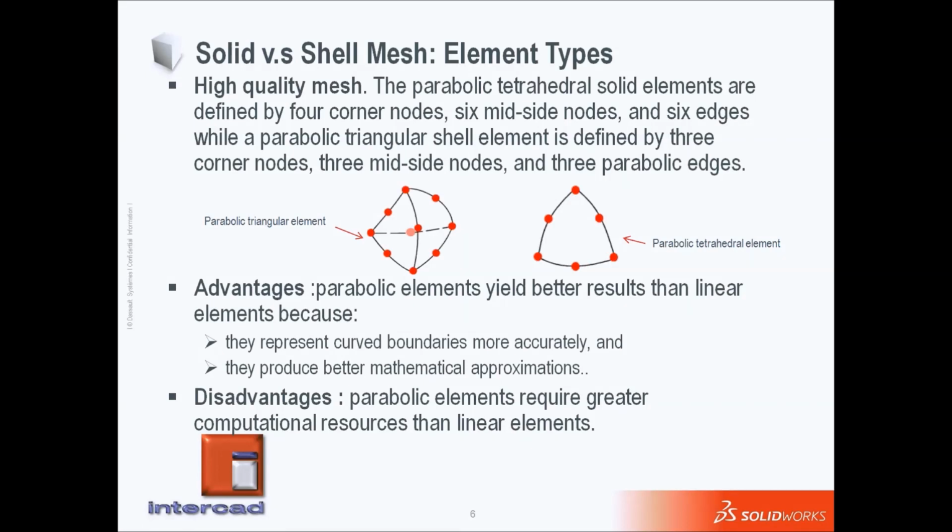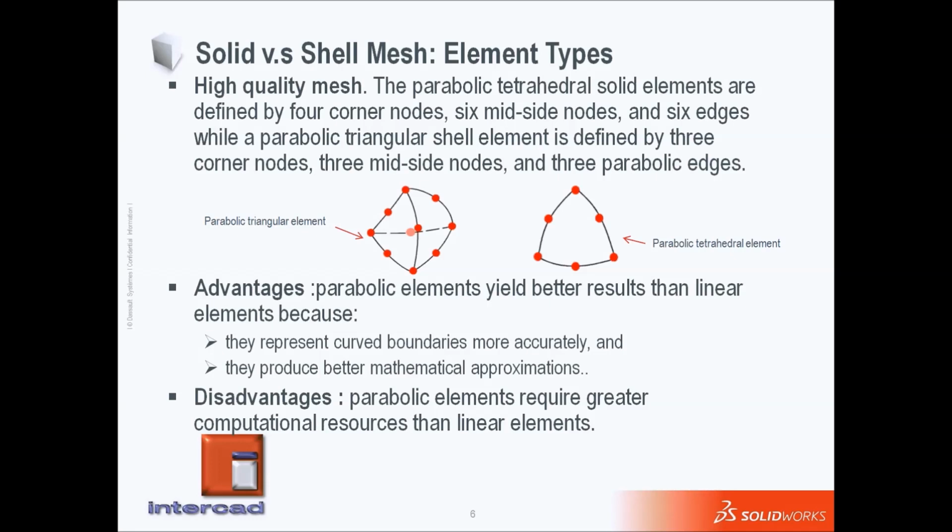The advantage of using this type of element is that, as they have more nodes, they are more flexible in fitting your geometry and give a good representation of the actual model. They can capture the boundaries more accurately, and because we have a higher order of elements here, we will have better mathematical approximations.